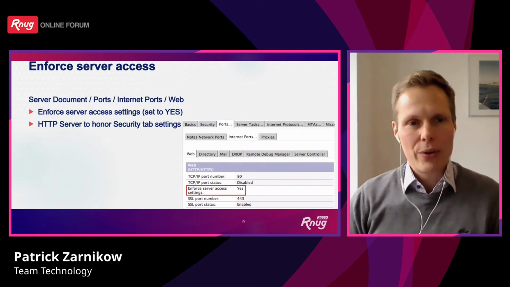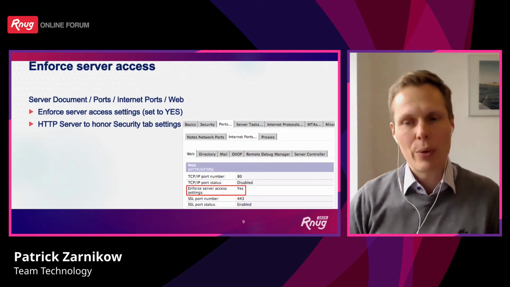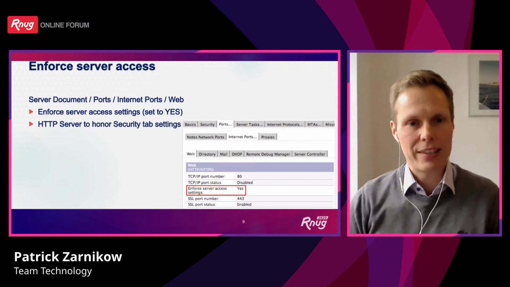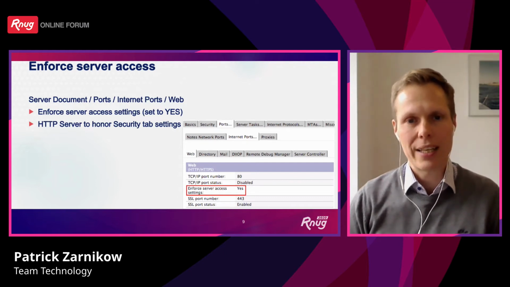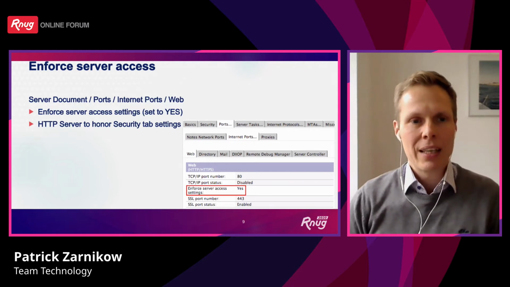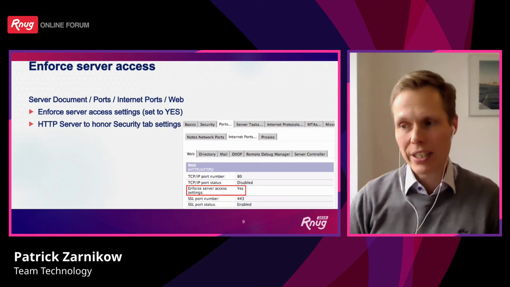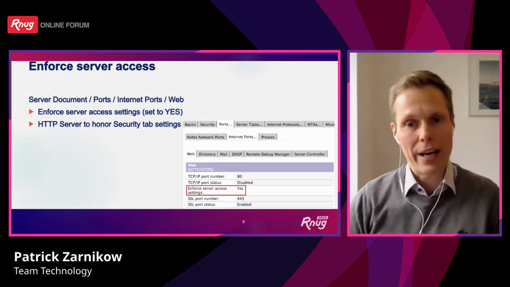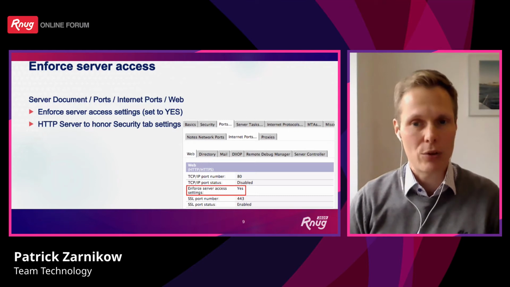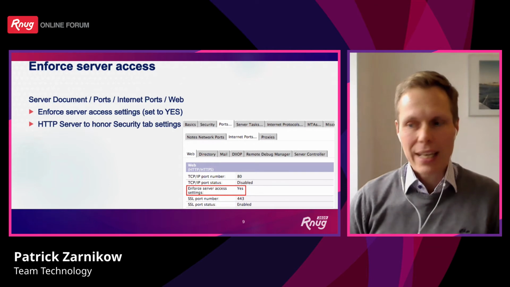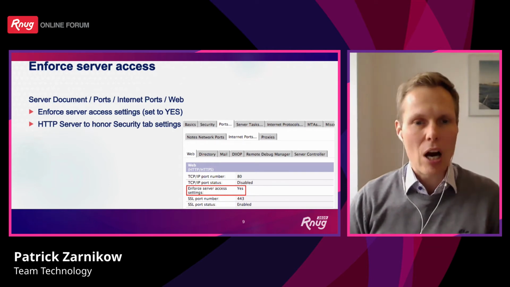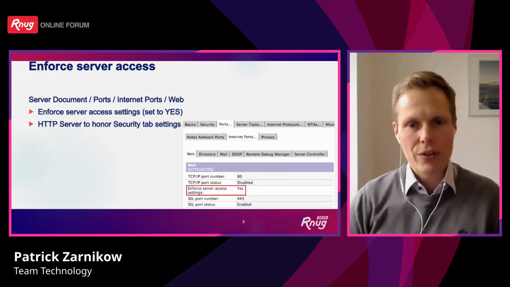When we go further and take a look at the server document, we have the chance to enforce the server access. Therefore, in the server document under ports, internet ports, and then web, set the enforce server access setting to yes. The default here has been set to no for ages, so this is something you have to change for sure. When you set this to yes, the HTTP server honors all the settings in your security tab.